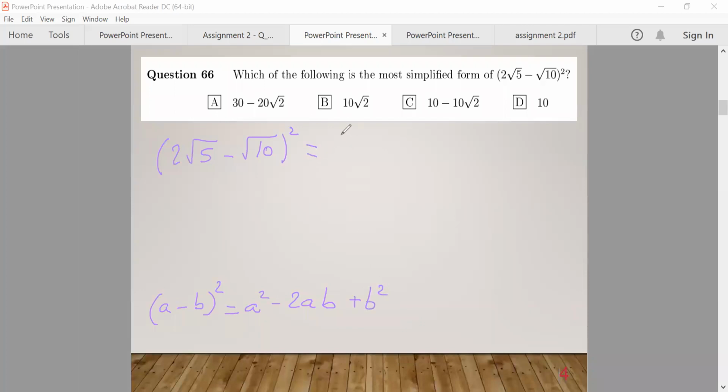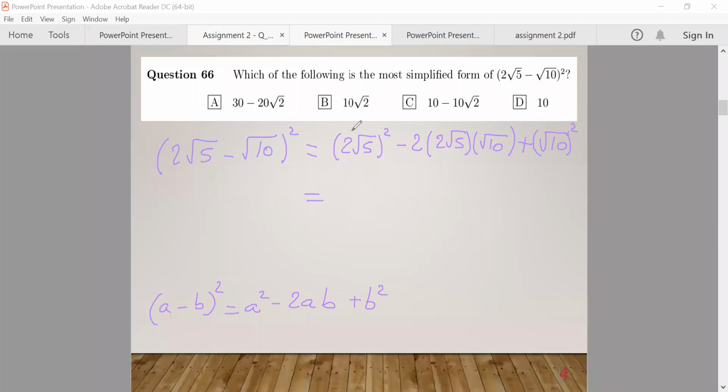So we get (2 square root 5) all squared minus 2 times 2 square root 5, the first term, times the second term, plus the second term all squared.